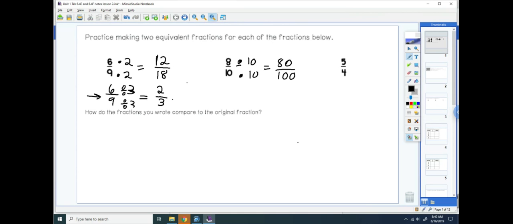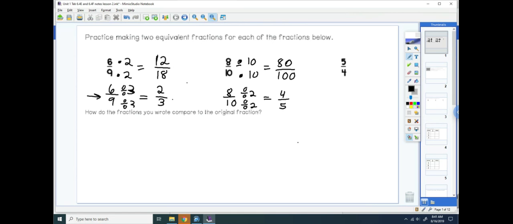And just to recap what we did in the last lesson, we know 80 out of 100 is 80%, because 100% is a whole. Just to refresh. I can also simplify 8 out of 10. I know for a fact 8 and 10 are both even, so they're both divisible by 2. So I'm going to divide them by 2 to see if that gets me to their simplest form. 8 divided by 2 is 4. 10 divided by 2 is 5. So that's 4/5, and it actually is still the simplest form.